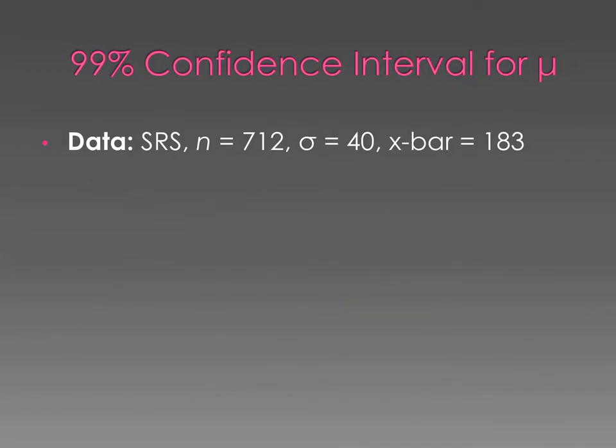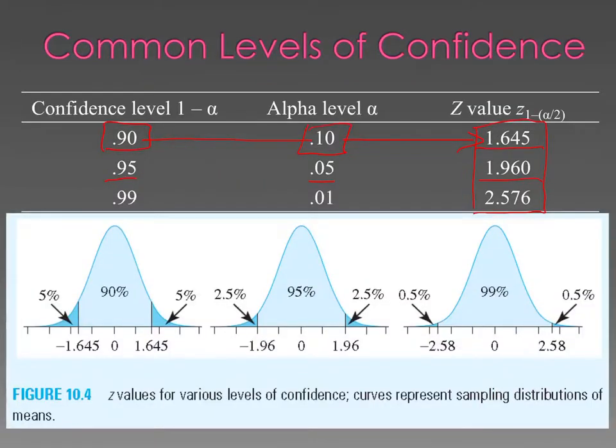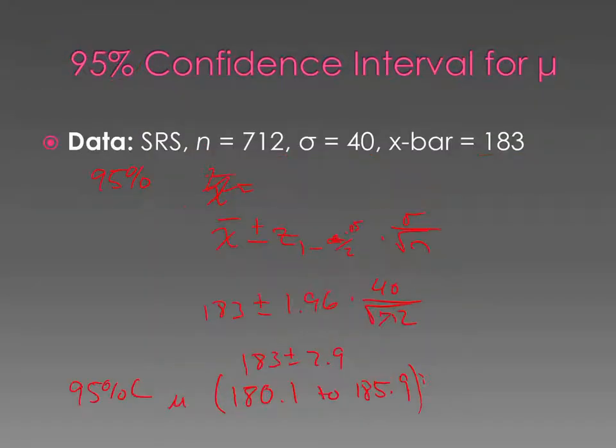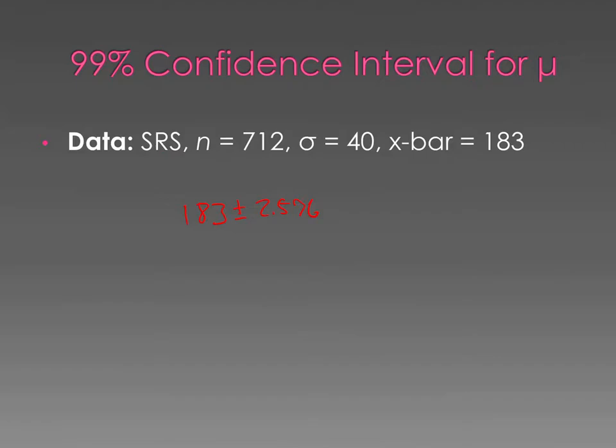Same thing for a 99% confidence interval. I'm going to go a little quicker through this one. So I'm not going to write the formula because we've seen it before. You're going to get your 183 plus or minus 2.576, and if you're curious where that value comes from, head back to the slide: at 99% confidence, 1% alpha, your z value is going to be 2.576, times 40 over the square root of 712.